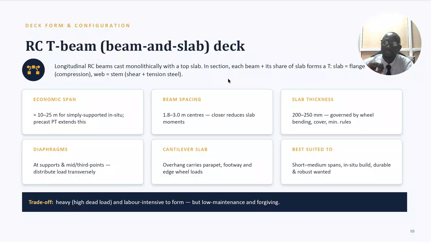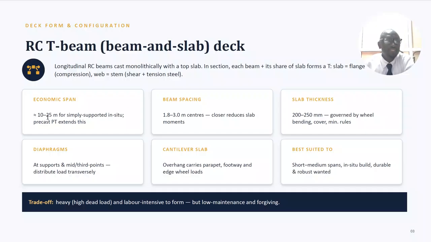So you need also to be mindful, but in most cases our practice is monolithic or integral. In section, each beam and each share of slab forms a T; the slab we call flange, that is compression, and the web, the stem, carries shear plus tension steel.